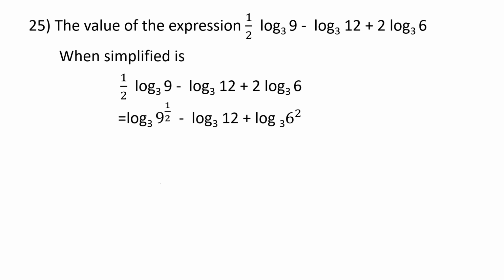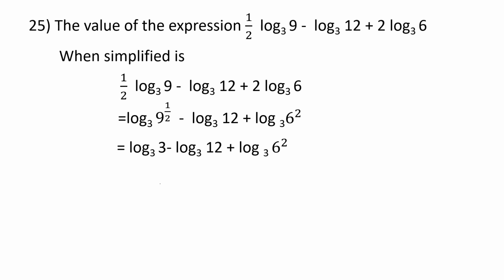So you can write this expression again as logarithm of 3 to the base 3 minus logarithm of 12 to the base 3 plus logarithm of 6 squared to the base 3. Here you can write the subtractions as a division and additions as a multiplication by applying again the laws.